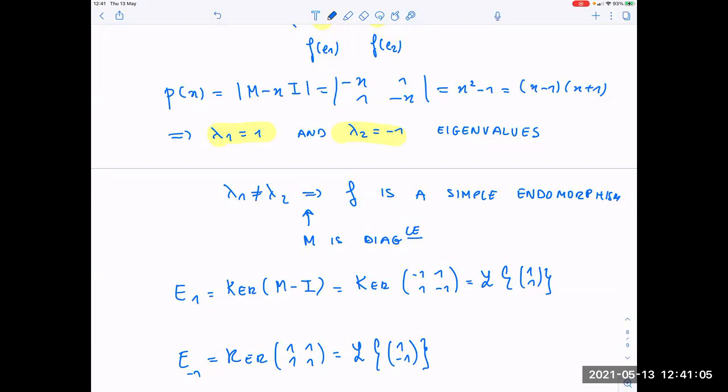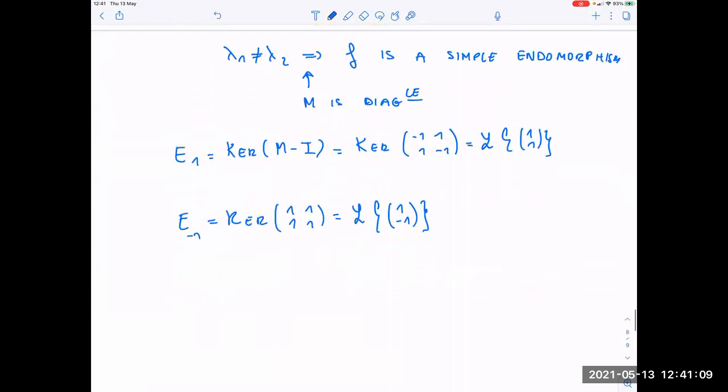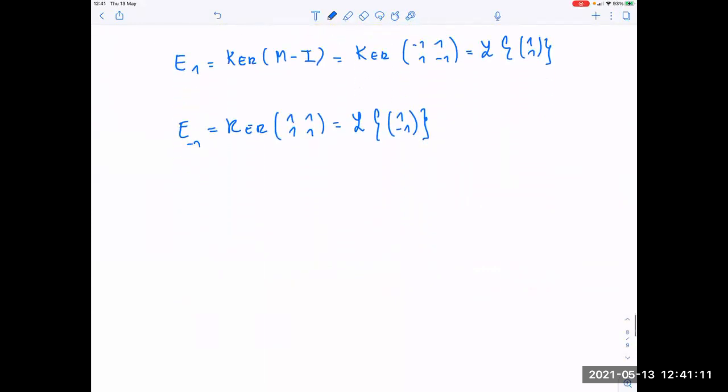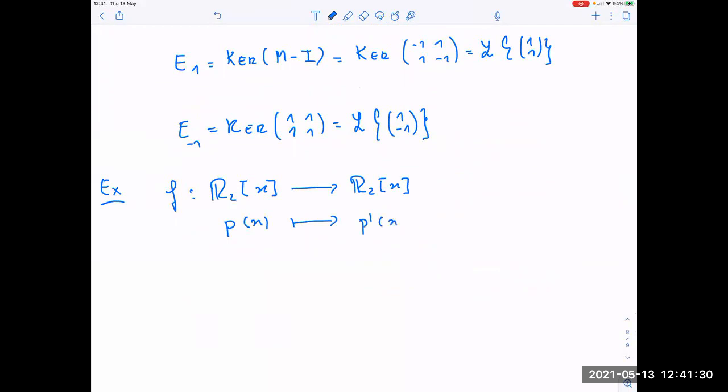Okay, let's do something less explicit, to see again that sometimes only computing is not going to be the best way. So let's say we have f from R2[x] into R2[x], sending the polynomial p(x) into its first derivative.